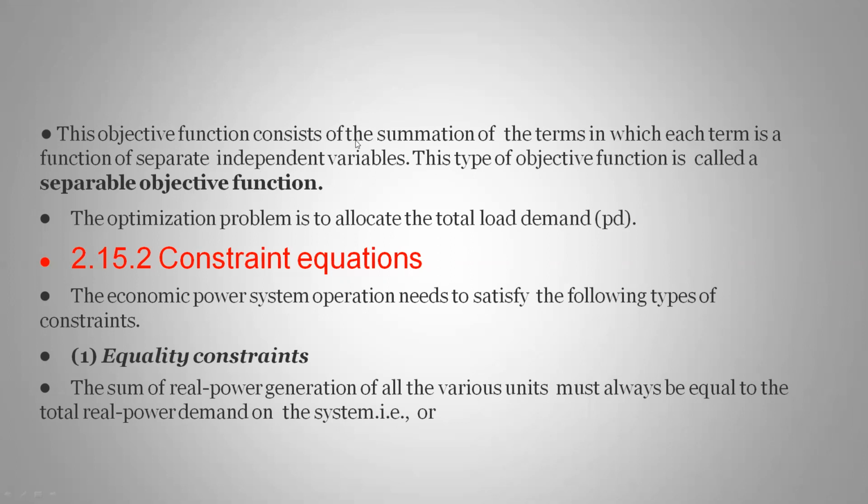So the separable objective function means the objective function consists of the summation of the terms in which each term is a function of separate independent variables. A function that has separate independent variables is called a separable objective function.